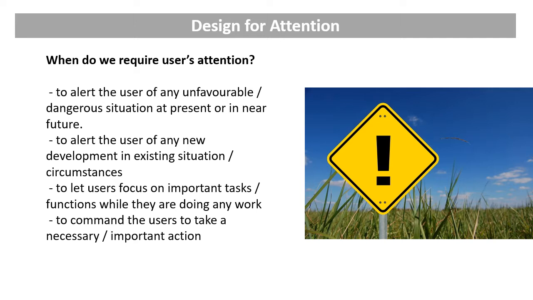So in our day-to-day lives, we usually require users' attention in any one of these cases. For example, let's take an instance while a driver is driving, and if the speed limit on a particular road is beyond a certain threshold, say 100 kilometers per hour, the user is notified, and he may be asked to lower down the speed.